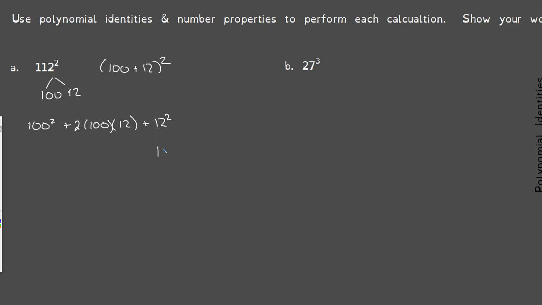I can find 12 squared relatively easy, so that's going to be 144. 2 times 12 is 24. Tack on 2 zeros. 100 squared is double the zeros and square the first. So when I add all these together, I end up with 44 is my ending, the 5, and then 12.